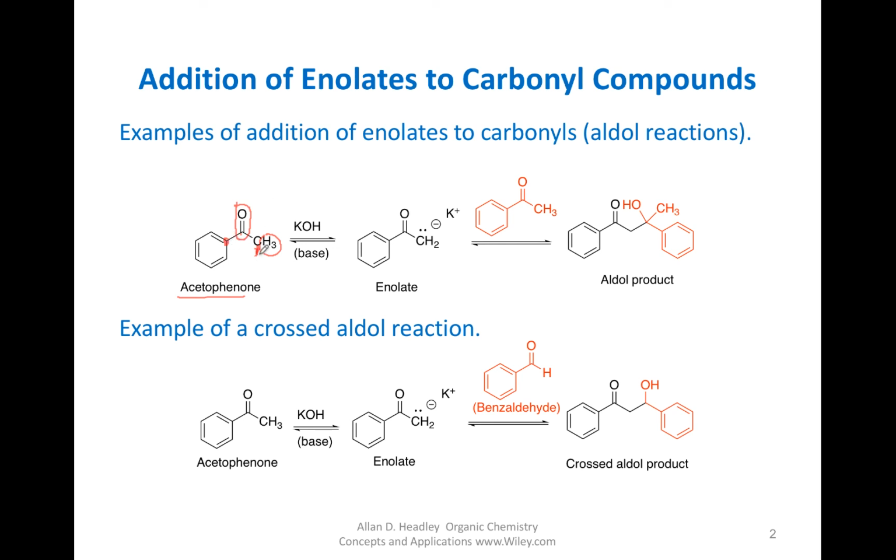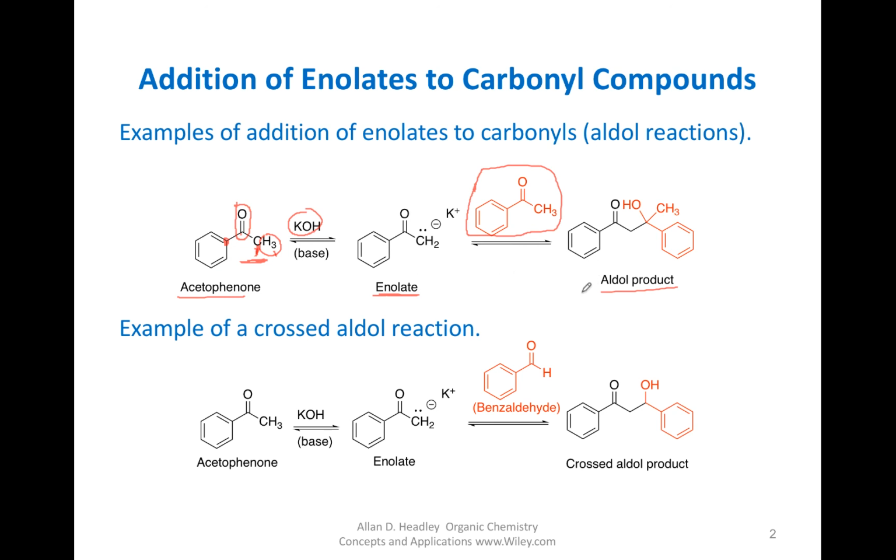There's only one set of alpha hydrogens, and it's right here. In the presence of a base, one hydrogen will be abstracted to form the enolate. In the presence of more starting material, acetophenone, we have an aldol adduct. Notice it's still called an aldol reaction even though this is a ketone.